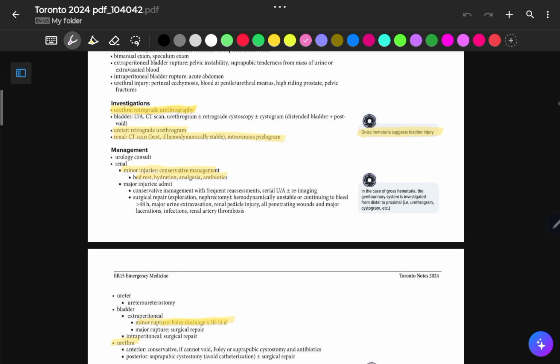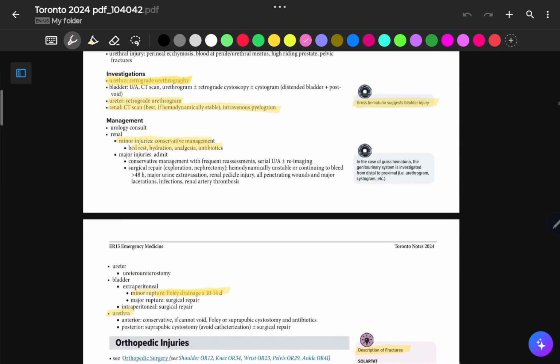Moving to investigations: for the urethra, you're going to use a retrograde urethrogram. For the bladder, you can use ultrasound, CT scan, plus or minus cystoscopy, or plus or minus cystogram.